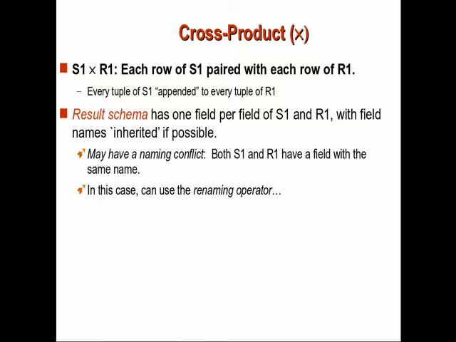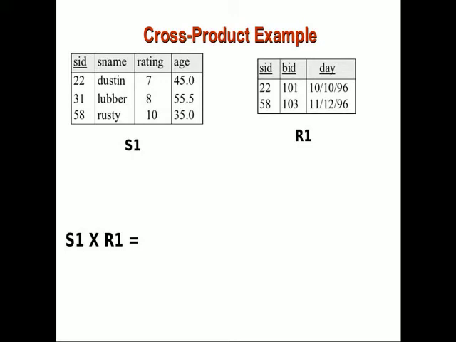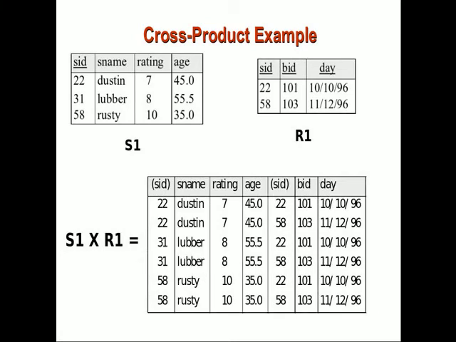In the same way, the first row of S1 with SID 22 is appended with the second row of R1 with SID 58, and this forms the second row of the resulting table. In the same way, the second row of S1 is appended with the first row of R1, and the second row of S1 is appended with the second row of R1, and so on.